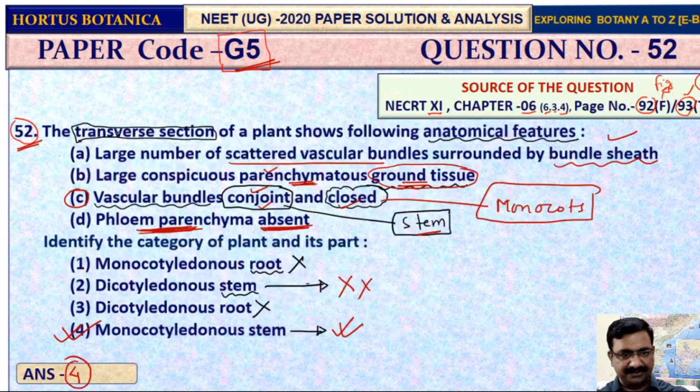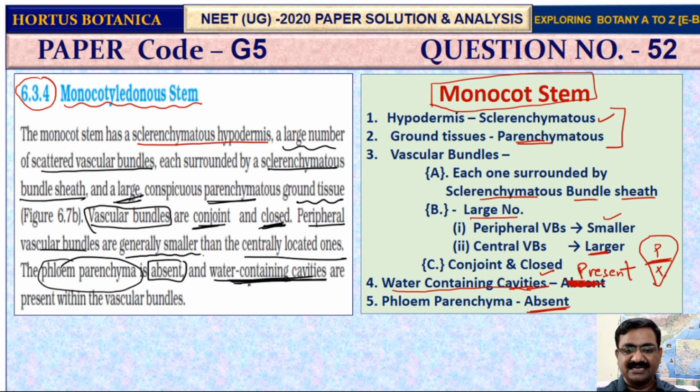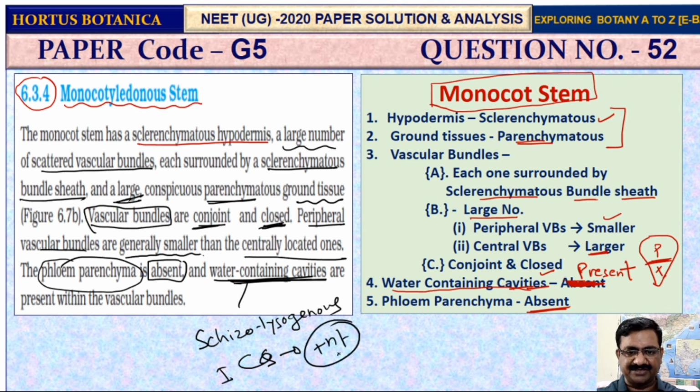Next, phloem parenchyma is absent, while the water containing cavity formed by the lysigenous intercellular space is present, a characteristic feature of monocot. This is found within the vascular bundle.